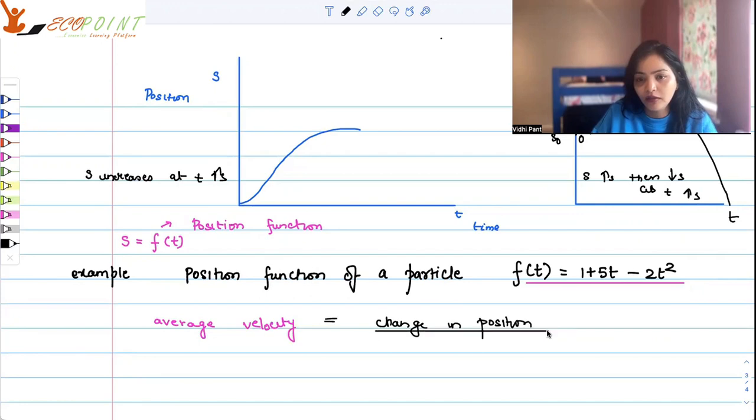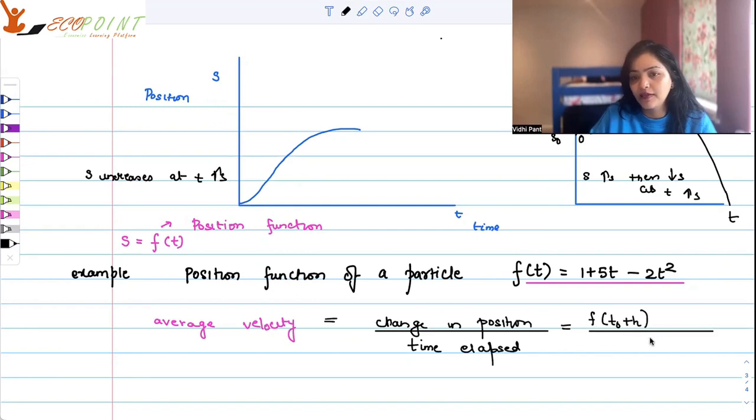So average velocity will be the change in position upon the time taken for that change to occur, that is, time elapsed. So say the change in time is h. So that is your t variable, and the change in it is h.